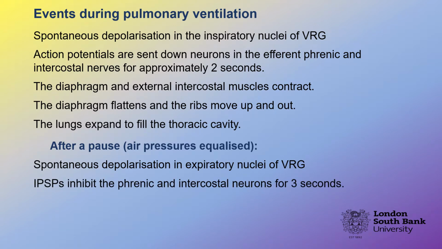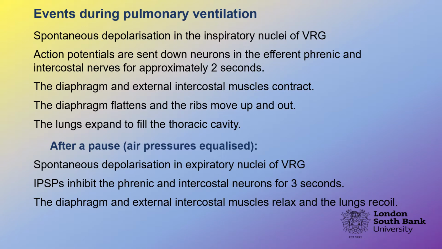This creates IPSPs, inhibitory postsynaptic potentials, in the phrenic and intercostal neurons for about 3 seconds. And of course, because they're inhibiting any action potentials, they're inhibiting contraction, so they are effectively causing relaxation of the diaphragm and of those external intercostal muscles.